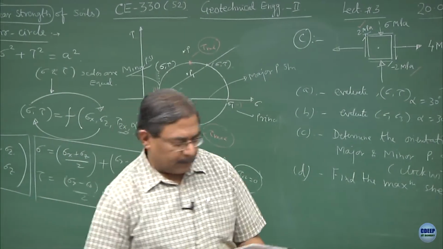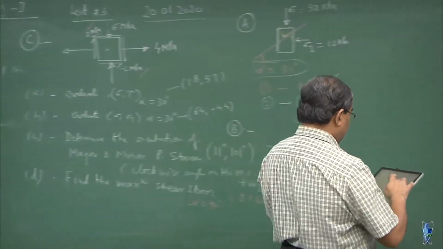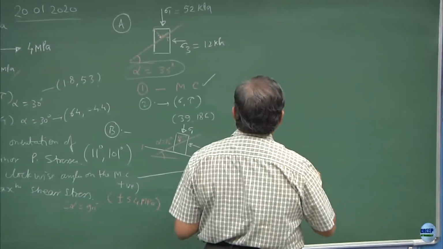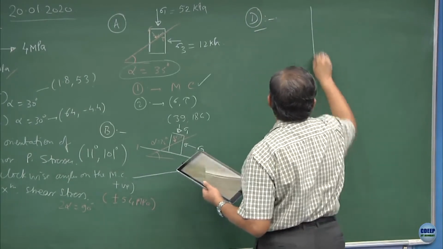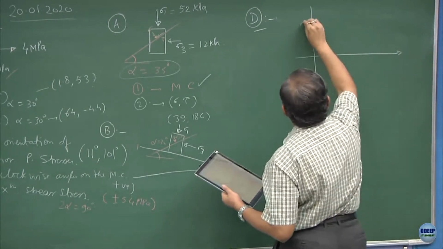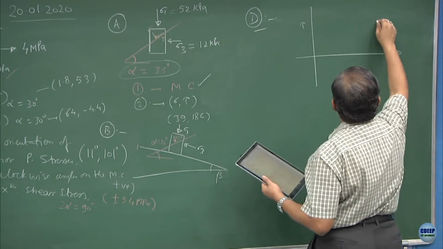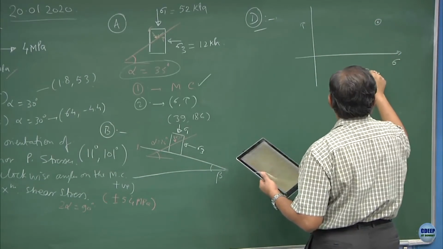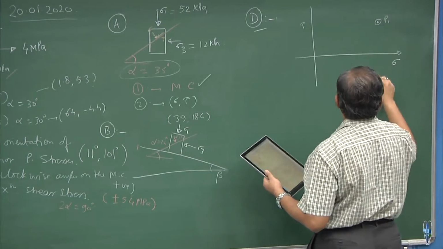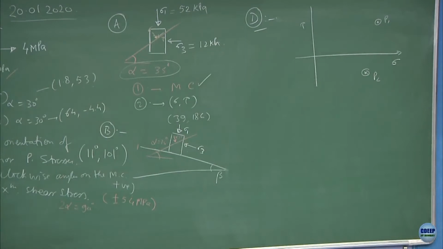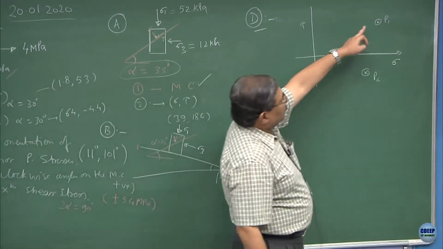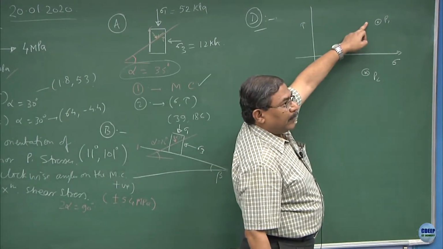So, the triviality comes from the point that suppose on a tau sigma plane, if I plot 2 points which are sitting very close like this, let us say P1 and P2 point, not very difficult, but slightly trivial, because you have to do something special to create a Mohr circle here.